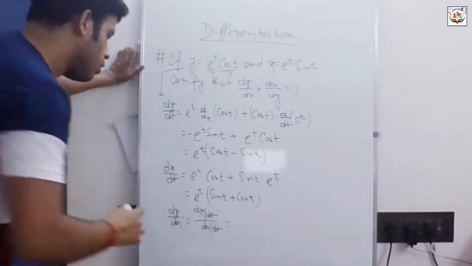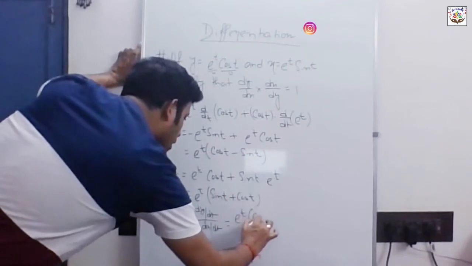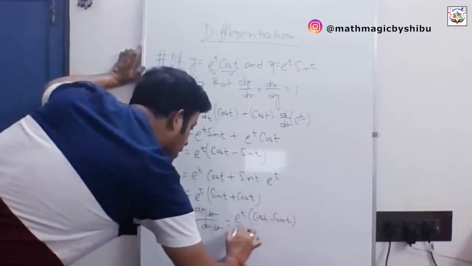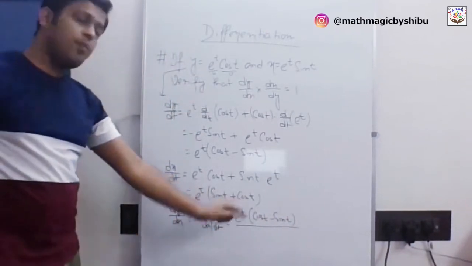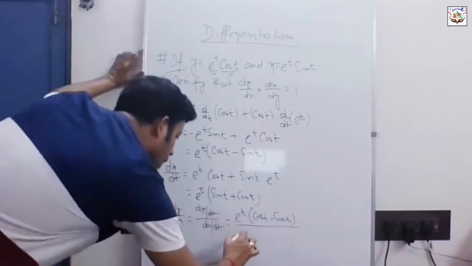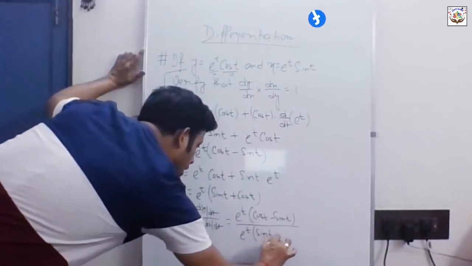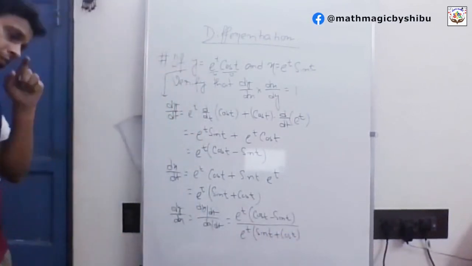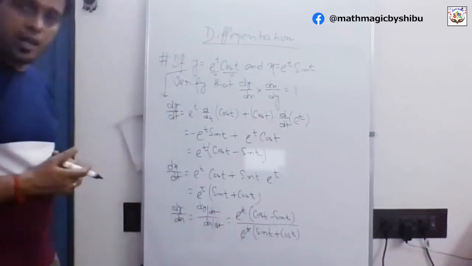So now if we do dy/dx, dy/dx equals dy/dt divided by dx/dt. Okay, so dy/dt is e to the power t cos t minus sin t, and dx/dt is e to the power t sin t plus cos t. We can cancel out e to the power t from both the denominator and numerator.